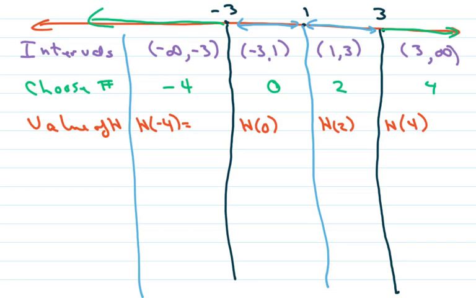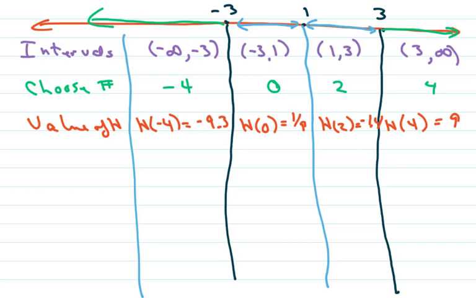So h of negative 4 is going to be negative 9.3. h of 0 is 1/9. h of 2 is negative 1.4. h of 4 is 9. Okay?